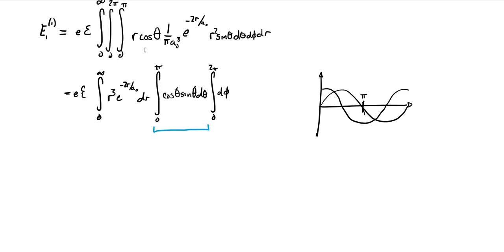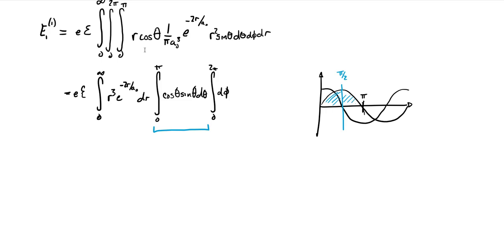If we cut that in half and look at pi over 2, we see the area under this curve and the area under this curve.